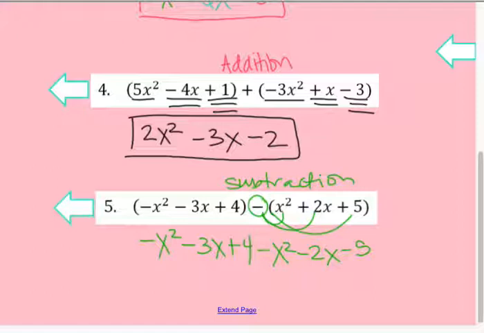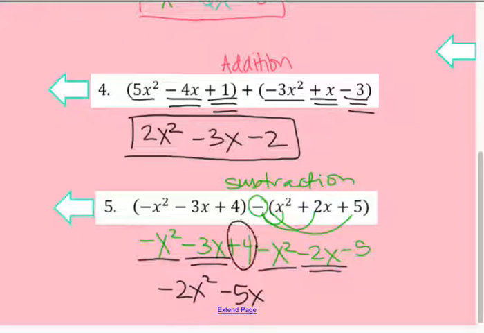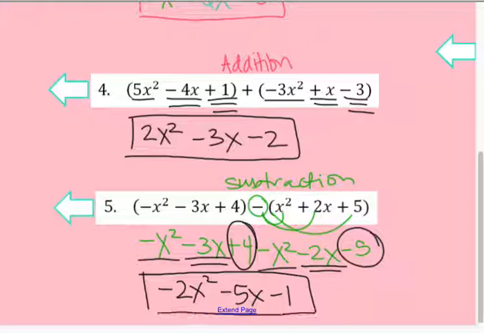Now I'm going to combine my like terms. Negative x squared minus x squared, so I get negative 2x squared. Negative 3x minus 2x, so minus 5x. And then 4 minus 5 gives me negative 1. So my polynomial is negative 2x squared minus 5x minus 1.